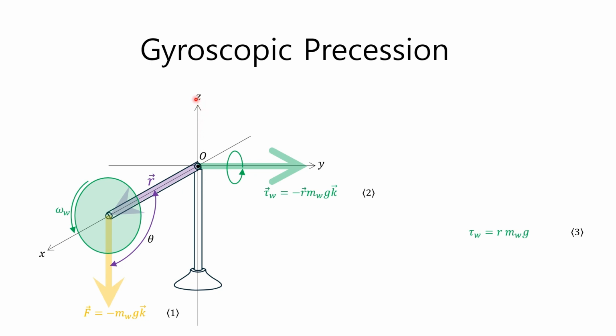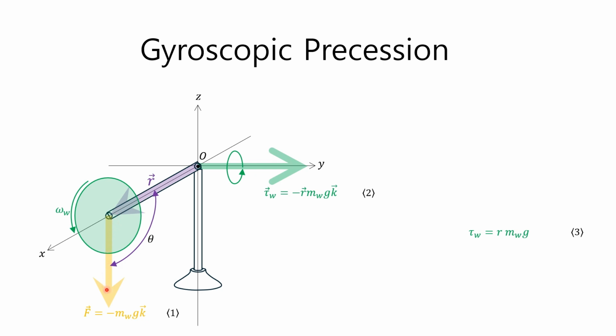The torque generated by the self-weight of the gyroscope about point O can be expressed using vectors as in equation 2. If the gyroscope does not rotate with high angular velocity omega w, the ball joint at point O cannot support the torque R × mwg generated by the weight mwg of the gyroscope, as shown in equation 2, and the gyroscope will fall to the ground.